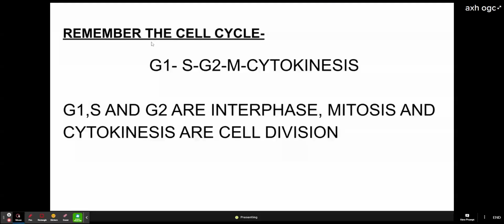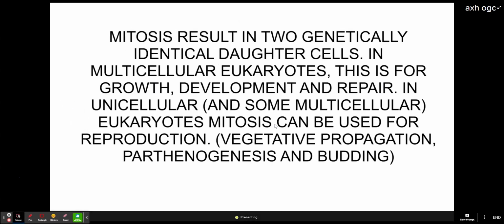All right, so just to go back to what we're talking about in mitosis, remember that the cell cycle is gap 1, synthesis, gap 2, that's interphase, and then mitosis and cytokinesis are the acts of cell division. And mitosis results in 2 genetically identical daughter cells.